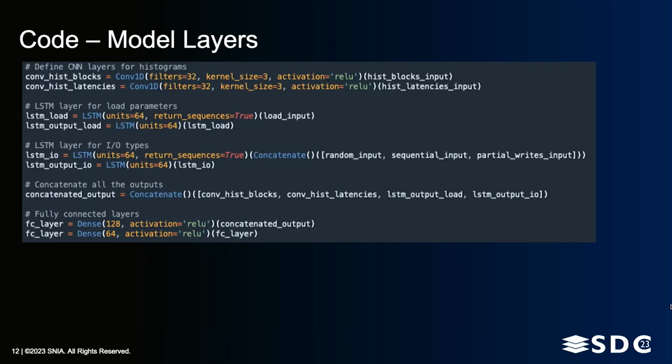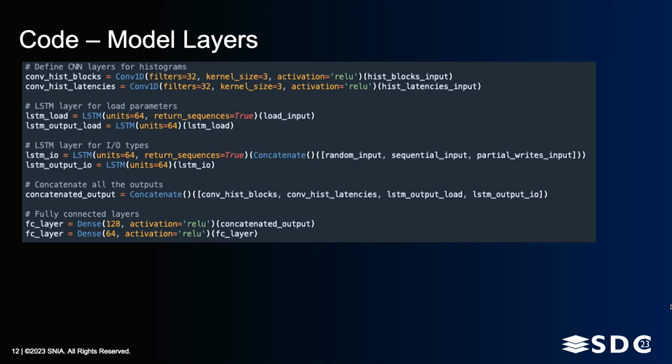So moving on. Here are the model layers. Essentially for the histogram we use Conv1D, and I use a filter size of 32. So we do 32 convolutional passes, and the kernel size is 3. The activation function is ReLU. We went with ReLU because that's what we most of the time use for convolutional neural networks.